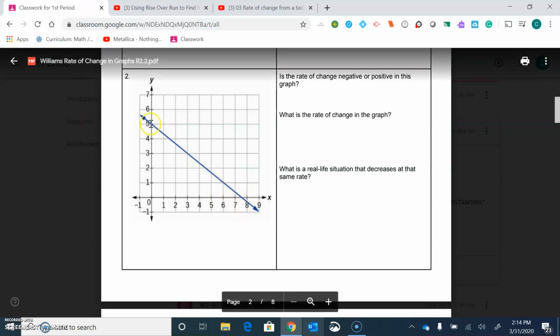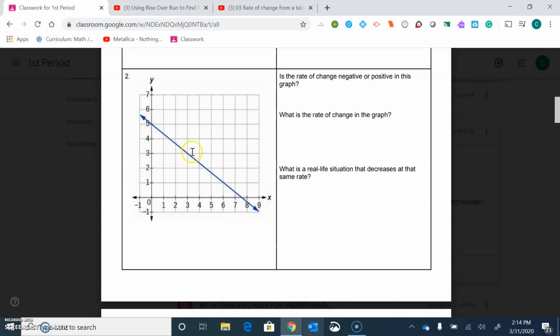So if I choose 0, 5, and 3, 3, this goes down 1, 2. So we go down 2, and then we go right 1, 2, 3. So it's down 2 and right 3. The slope is a negative 3. I'm sorry, negative 2 over 3.